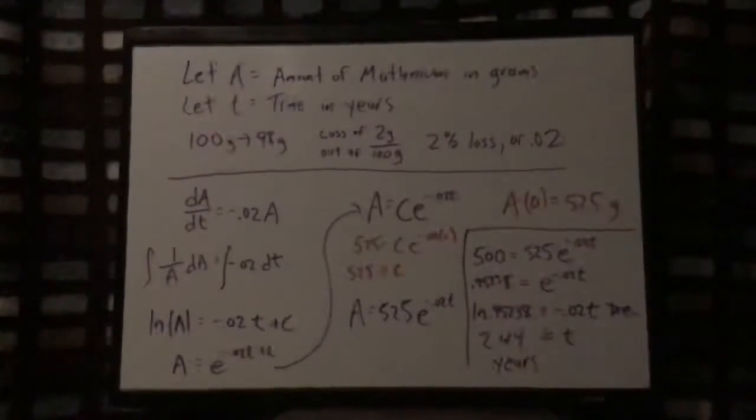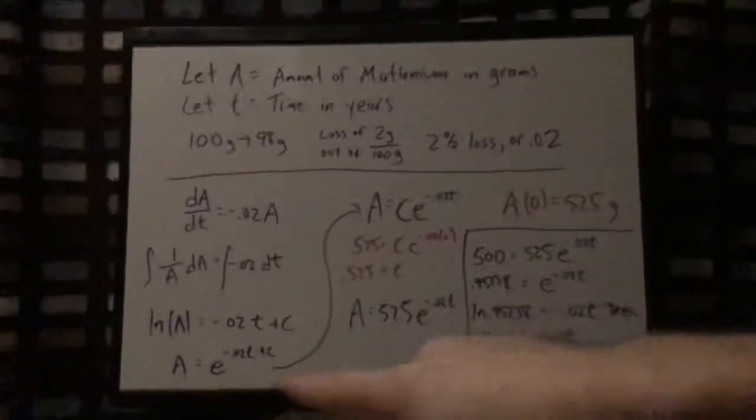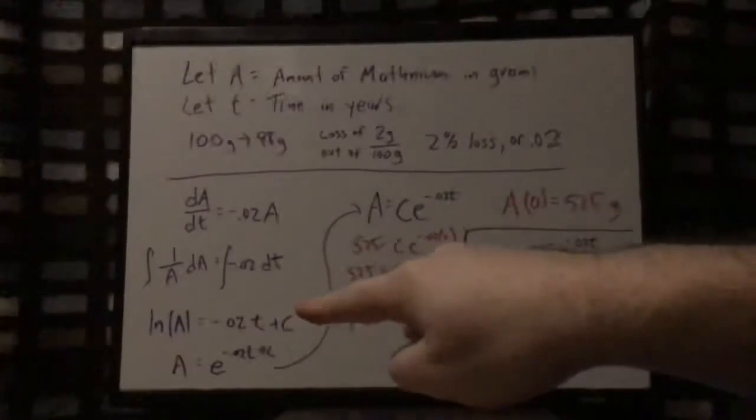Now I got natural log of absolute value of A equals negative 0.02t plus C. Once again, I got rid of the absolute value bars because the amount of mathnium I have is always positive. So I'm not going to be throwing in negative amounts, so I don't need the absolute value bars. And the way I got rid of the natural log was to do the trick where I did e to this power.